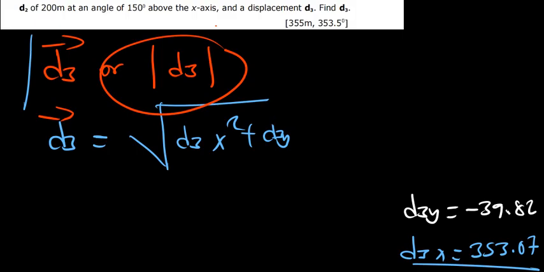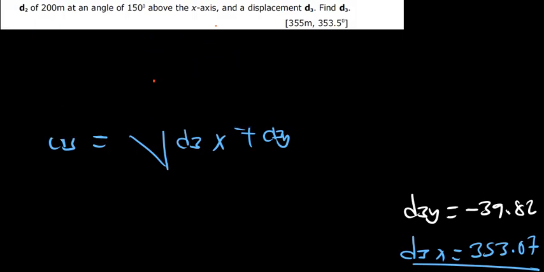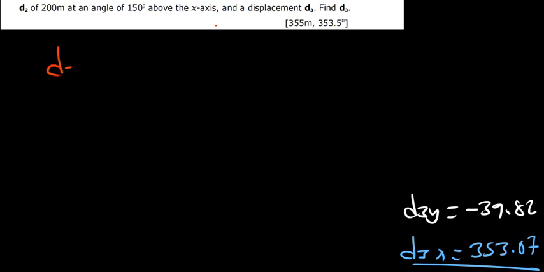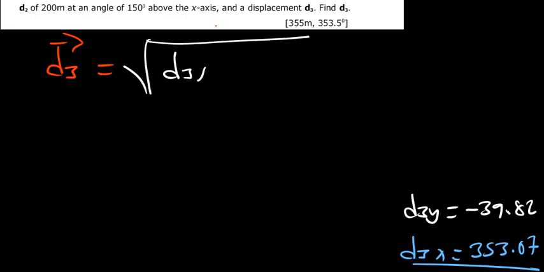So you choose. In this case, I'm going to be using the arrow. So I'll say my vector D3 will be equal to the square root of D3x squared plus D3y squared. So this is how you find the magnitude.